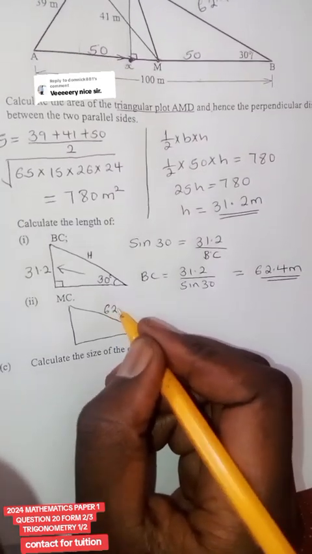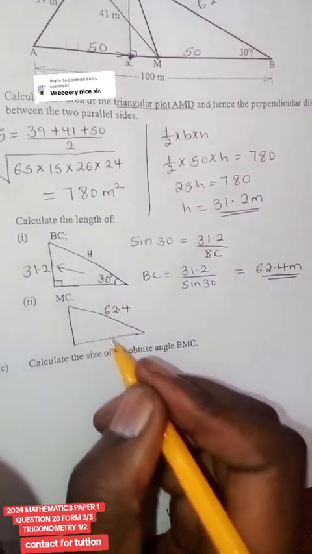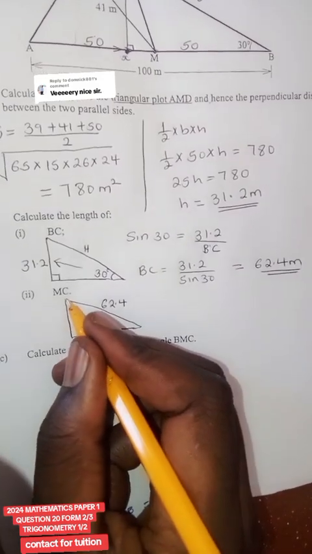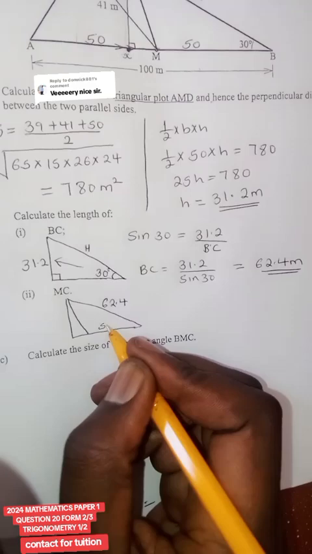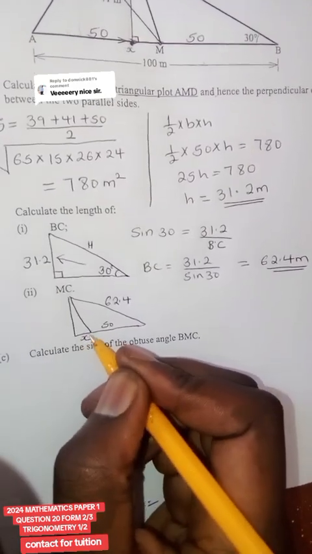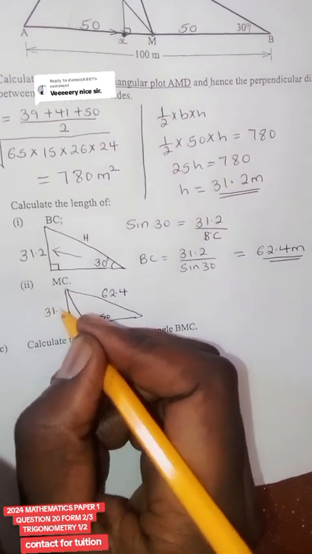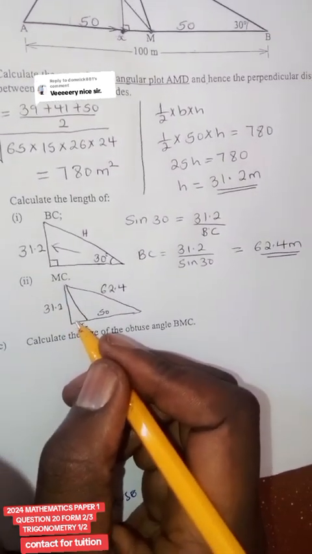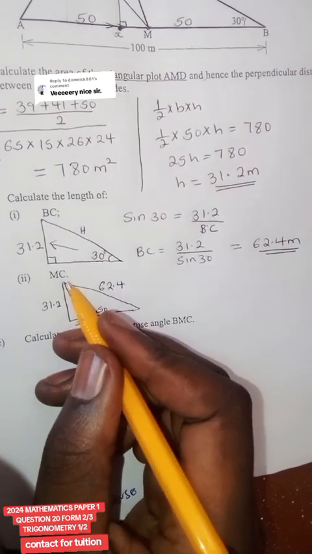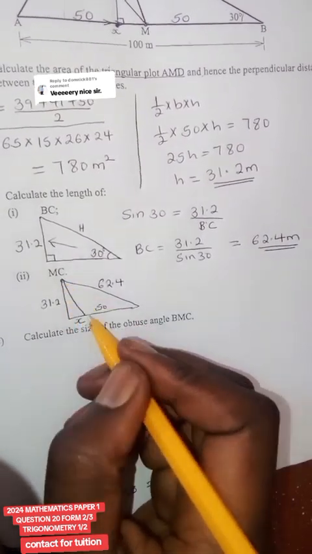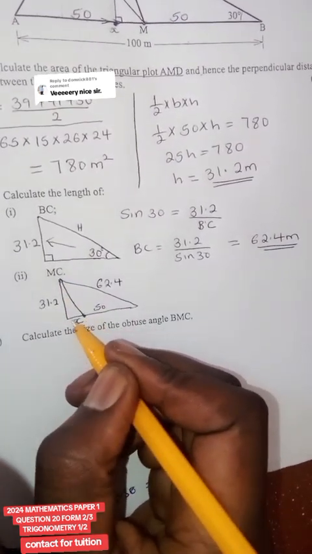Here we have 62.4 and we have a distance 50 here. This is our point referred to as X. Then the perpendicular distance we have is 31.2. So we want the distance MC, which is this one from here to here.